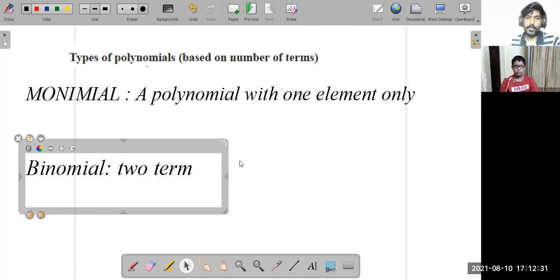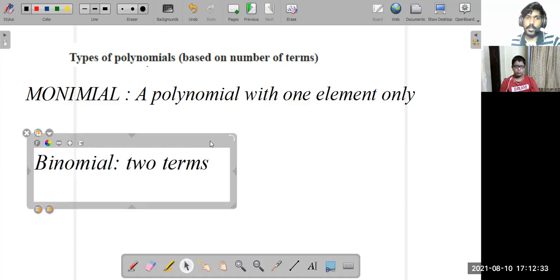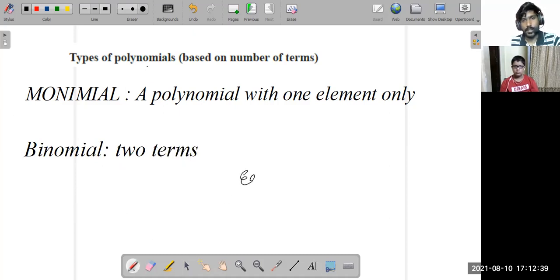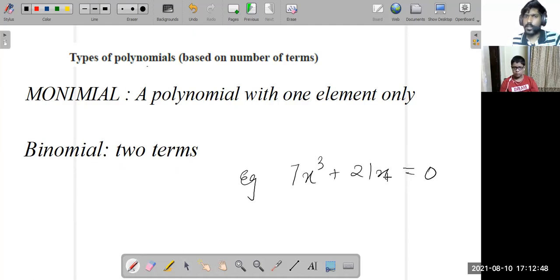Two terms means binomial. So if a polynomial expression has two terms, we call it a binomial. For example, 7x cube plus 21x. Two terms. The variable can have any power, but whole number.